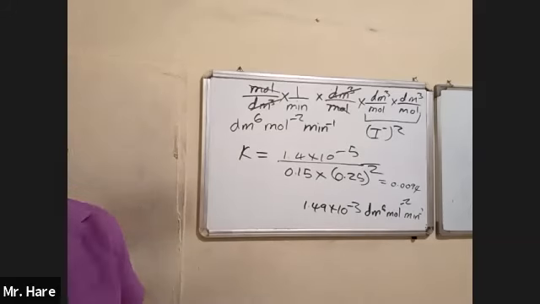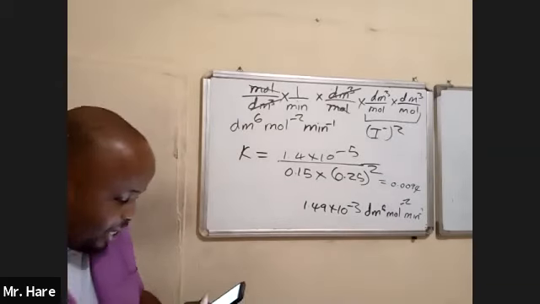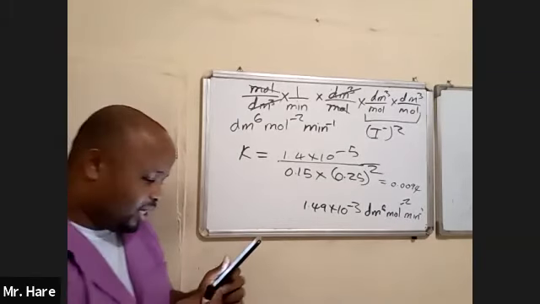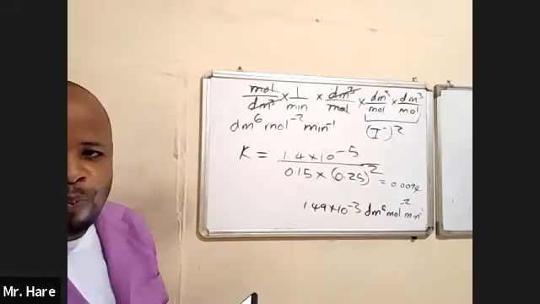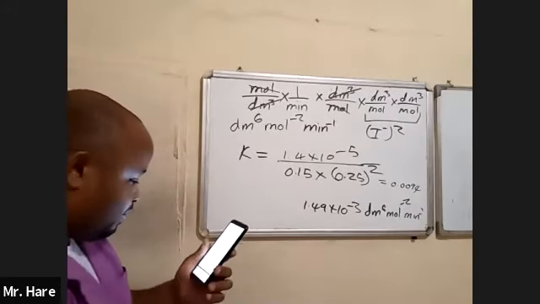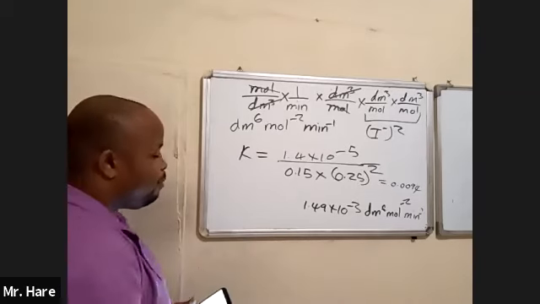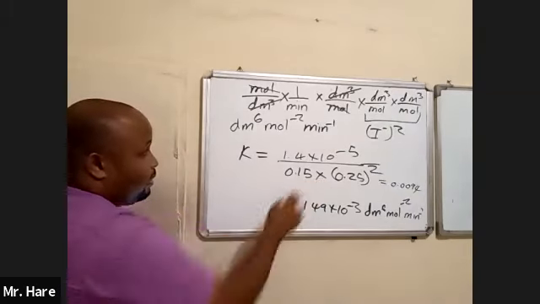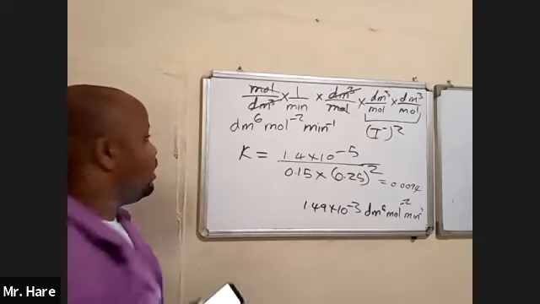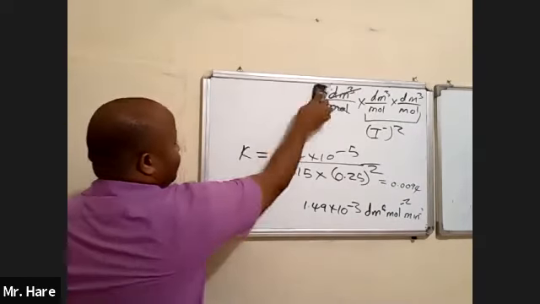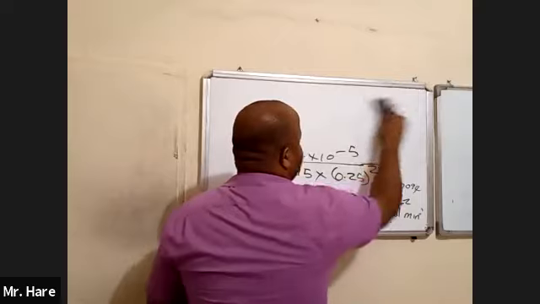All right, and then they asked us to calculate the initial rate when S2O8 is 0.13 and I minus is 0.32. Remember, we just calculated K. Now they're asking us to calculate the rate for specific concentrations.